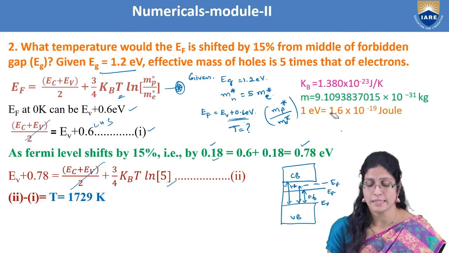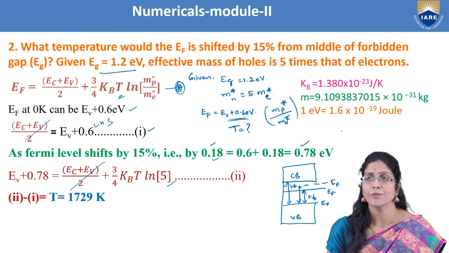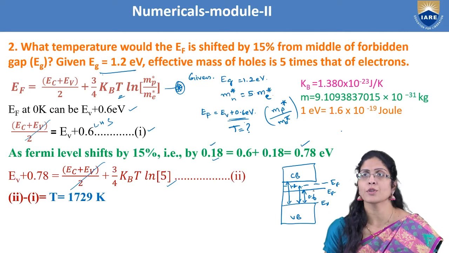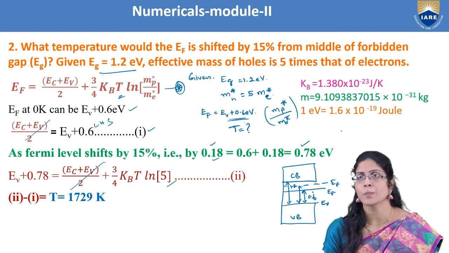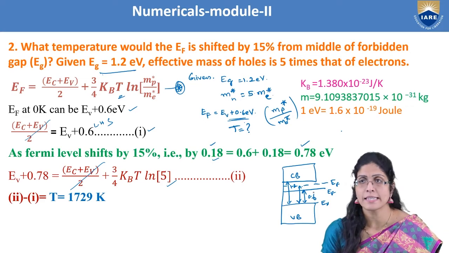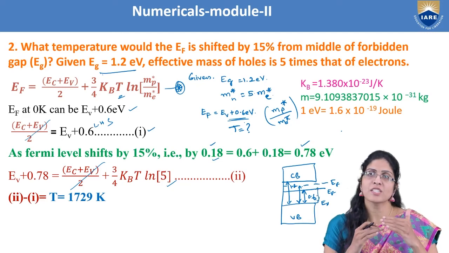The only logic here is you will have to understand this shift of the level. Okay, the shift of the level has to be understood. The shift of the level first: EF is EV plus 0.6. Later it is shifted by 15%. The shift of 15% is nothing but 0.18. So 0.18 shift by 15%, which has to be added with respect to EV, which is EV plus 0.18. 0.18 of what? The 0.6. The 0.6 gap has shifted by 0.18.